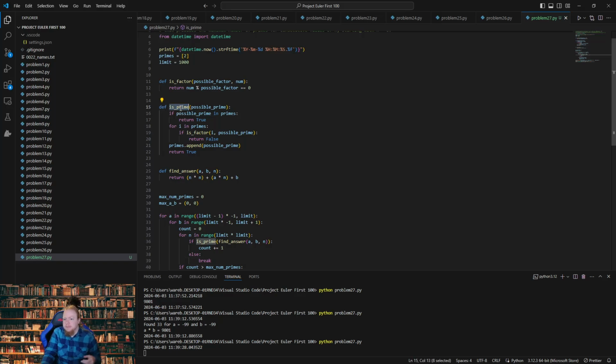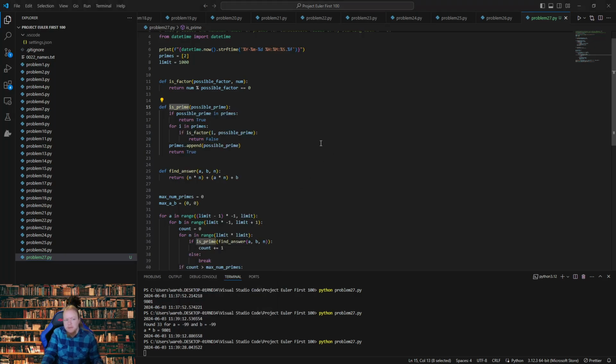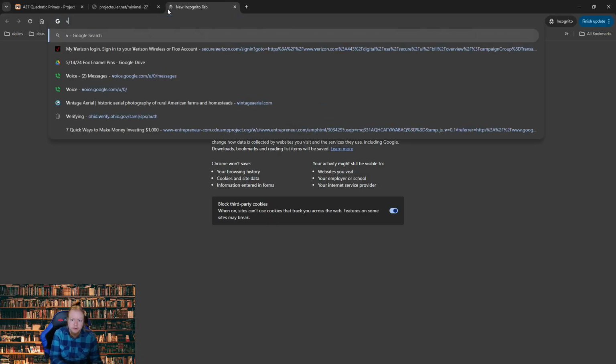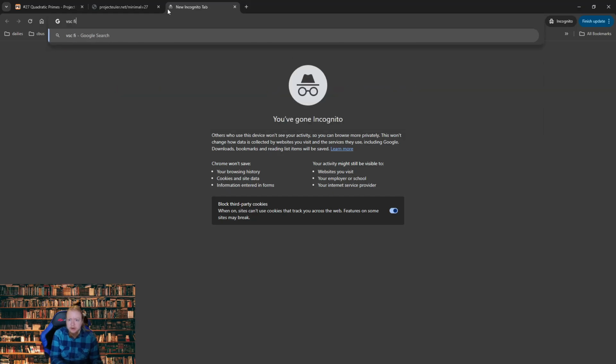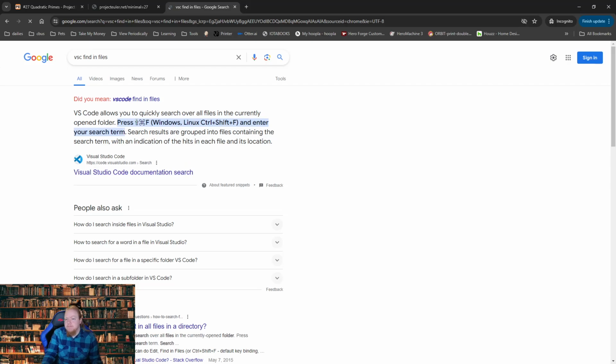Okay. Just gonna real quick do a little Google for Visual Studio Code. Find in files. Control-Shift-F.